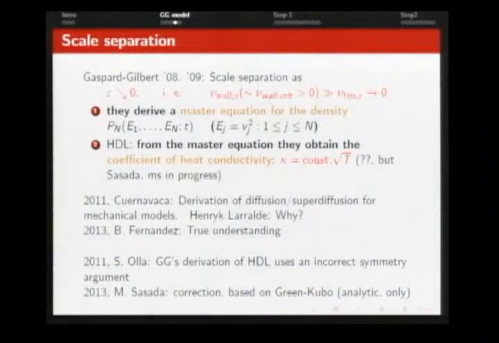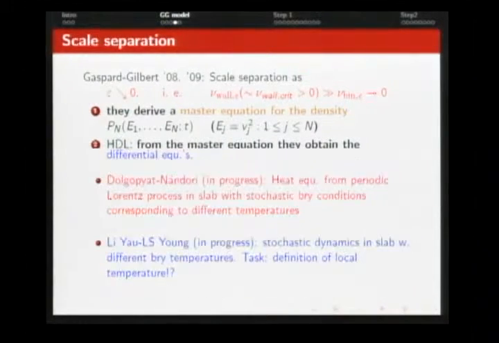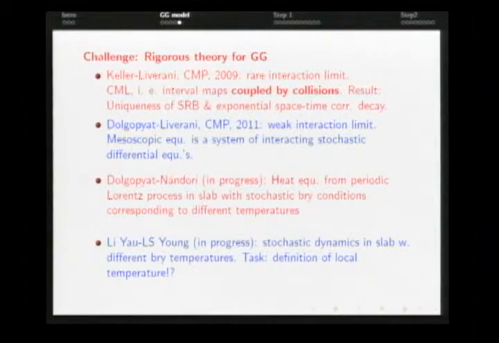The mathematical derivation is still a hard question. Probably Landim could also work on it. Okay, so this is a real challenge, to try to prove rigorously what Gaspard and Gilbert suggested.